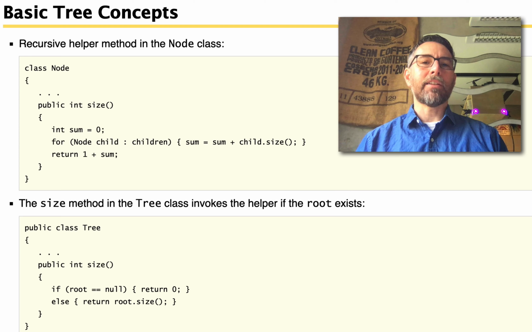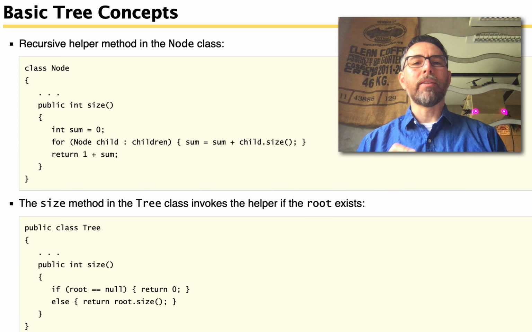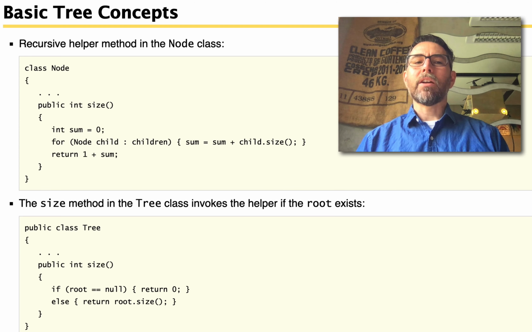Now notice this isn't a recursive call because we're not calling the size method on the tree class. We're calling the size method on the node class. So that root.size calls the size method on our node class, which is in the top block here. This is the recursive call. We start with an aggregator variable sum, and we say that's equal to 0.